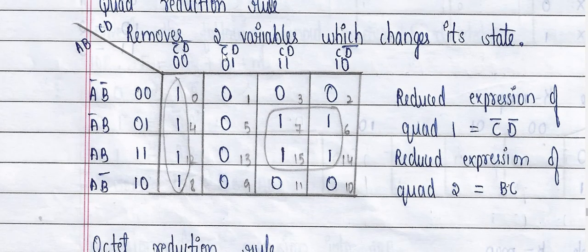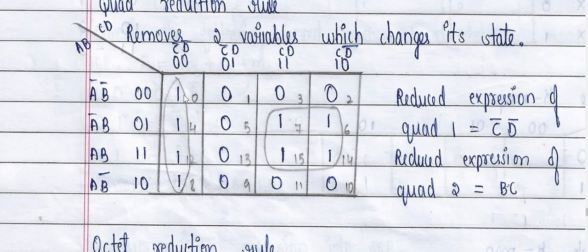See the first quad here. What is a quad? 4 ones adjacent is a quad. See here 0, 4, 12, 8. The cells 0, 4, 12, 8 form a quad. Quad means 4 ones are adjacent.